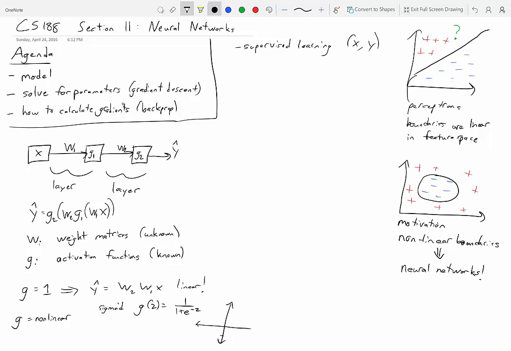Well, it's between -1 and 1, and it looks kind of like an S. So that's an example of an activation function, G. Okay, so we have this input to the output, and what's our goal?